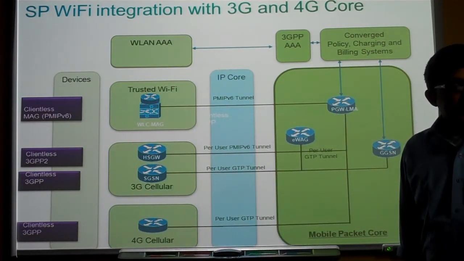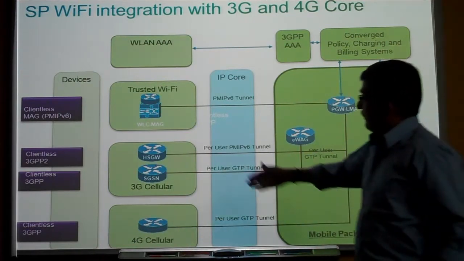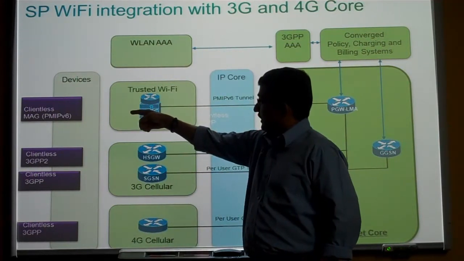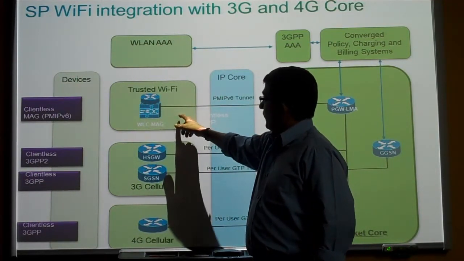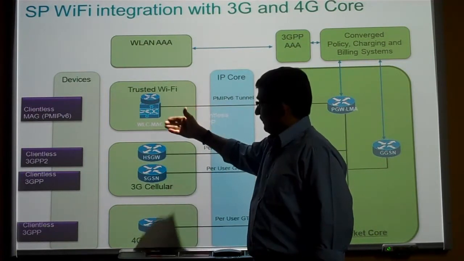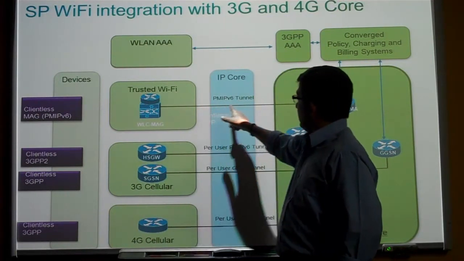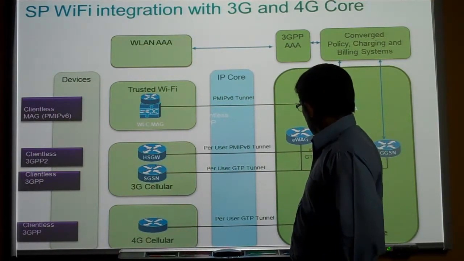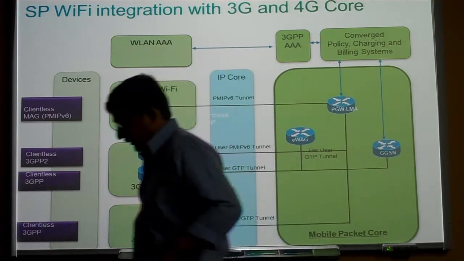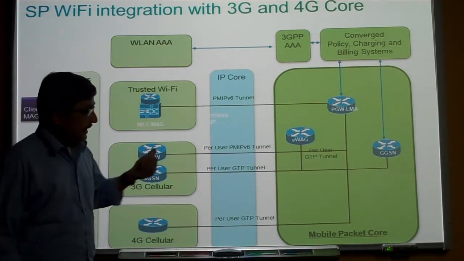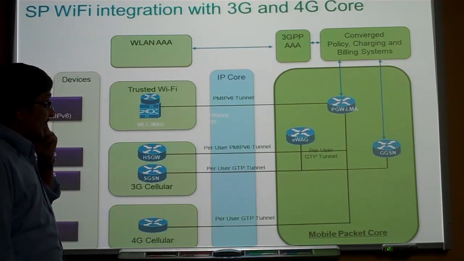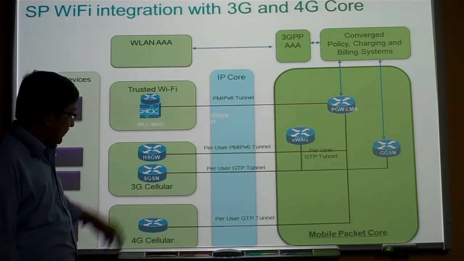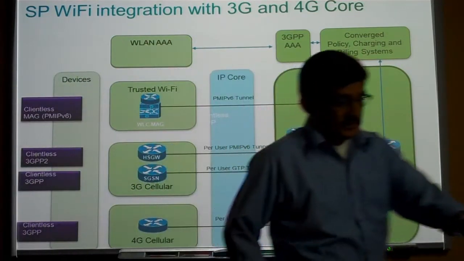And then you have trusted Wi-Fi, which is our Wism controller, providing services to the PMIPv6 client, regular Wi-Fi clients, I mean to say .11, and it establishes a GRE tunnel with the ASR 1K and 5K, which is a 3GPP mobile packet core network. Then the rest of the things are 3G and 4G cellular, which are SGSN and HSGW.